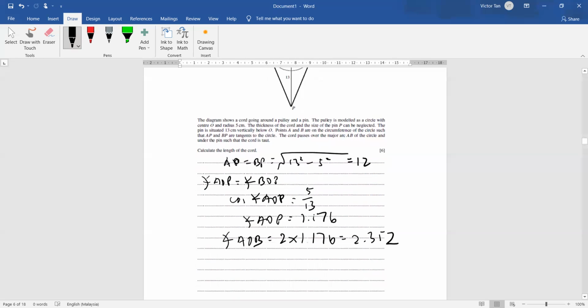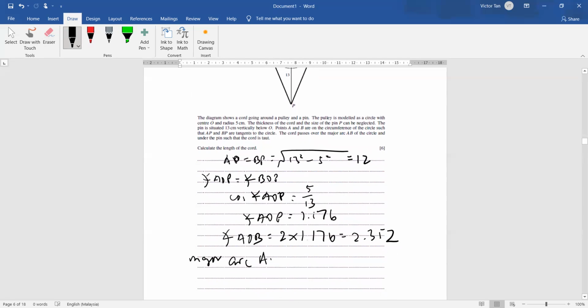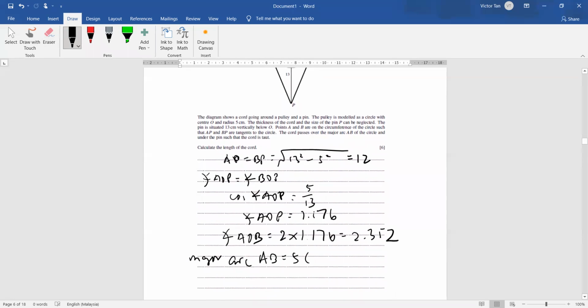So the major arc AOB is r theta. The radius is 5 times 2 pi, sorry, minus 2.35, which equals 19.66.